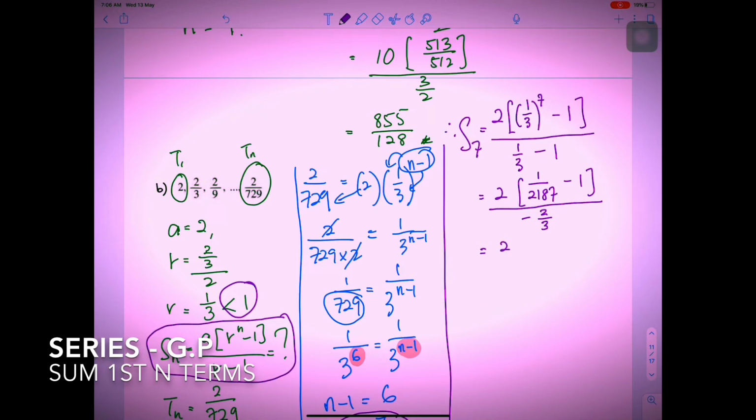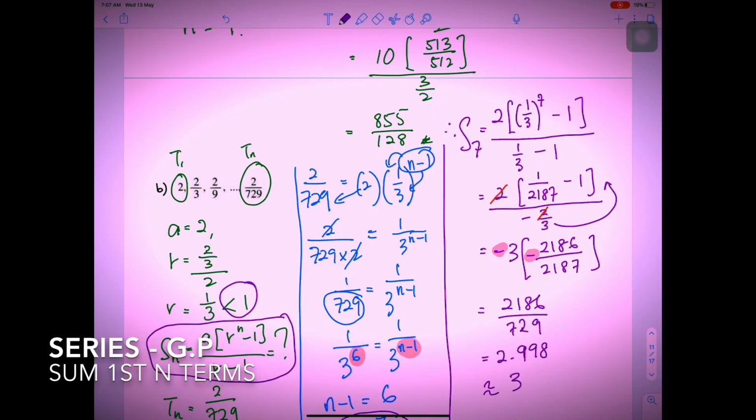We can simplify the 2 here and here, and negative 3 brings upward, so we get 1 over 2187 minus 1, which is 2186 over 2187, negative. Because both are negative, it becomes positive, and by using the calculator you will get 2186 over 729. If you use decimals, 2.998, approximately 3.